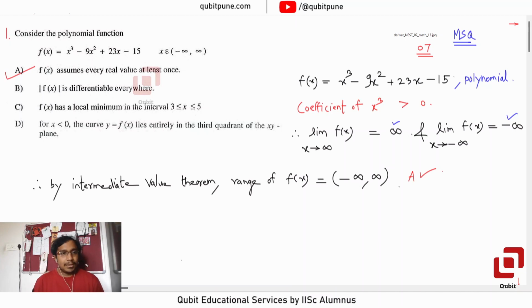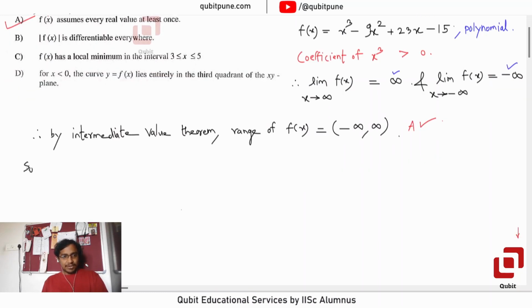Now to talk about options B, C and D, let us take a look at the function's coefficients.